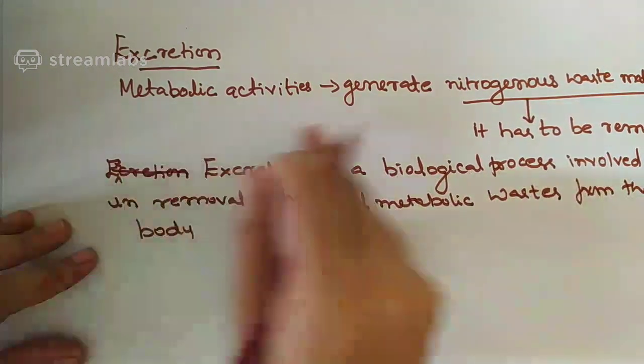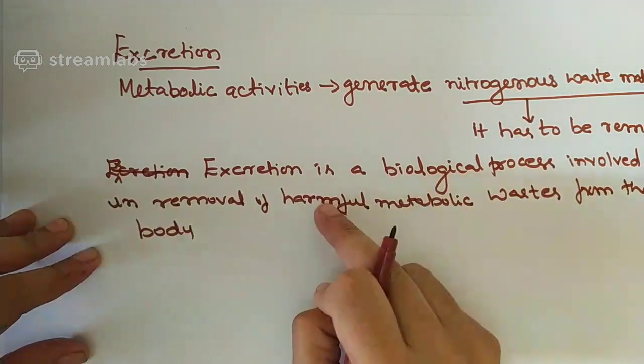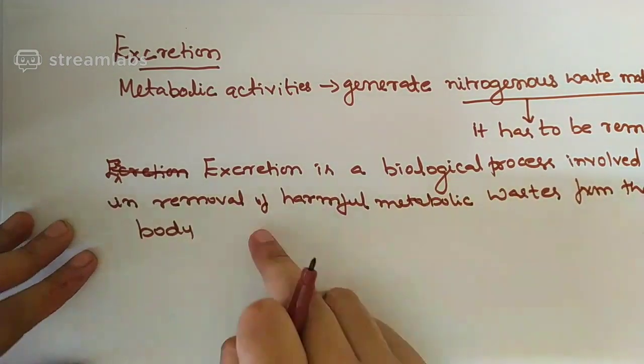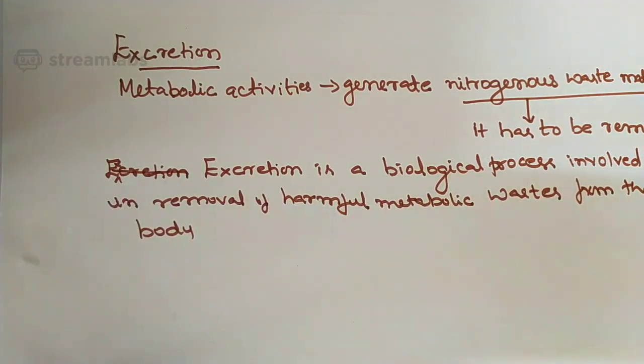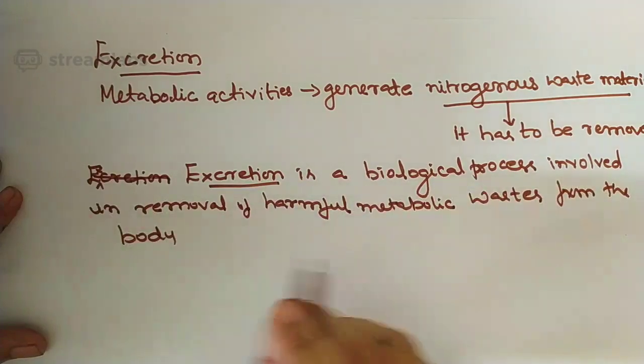Okay, metabolic activities generate nitrogenous waste which is harmful, and the biological process where there is removal of this metabolic waste is called excretion.